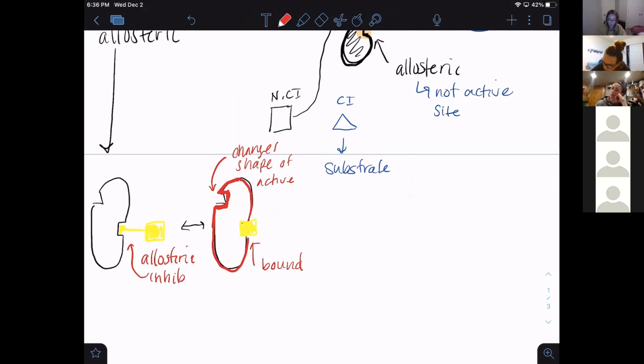Okay, so before the substrate had to be a triangle, now with allosteric inhibition, we've bound to the backside pretty much of the enzyme, the opposite side. We've changed the conformational shape of our active site to now be a square. That's saying, okay, now we only can have square substrates. So all of those triangle substrates no longer work.